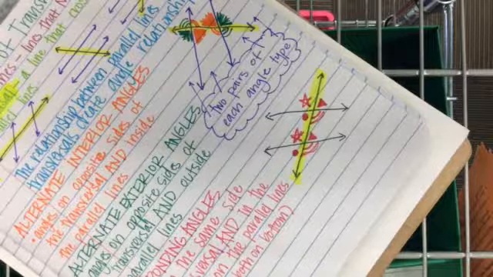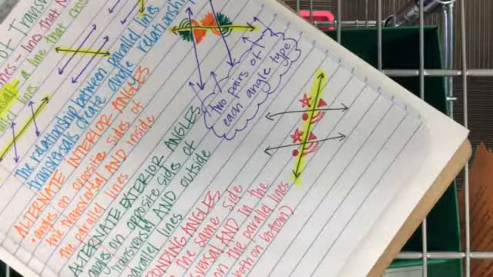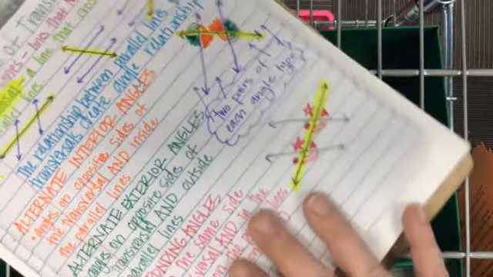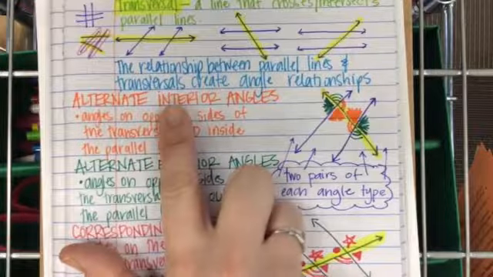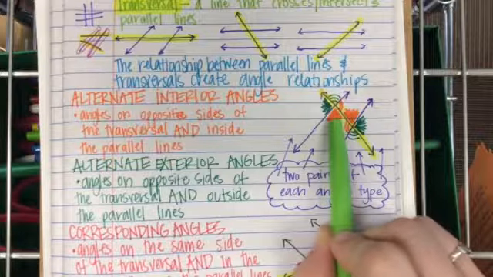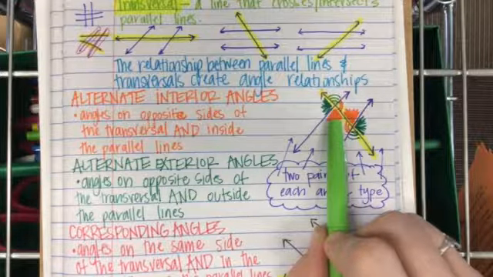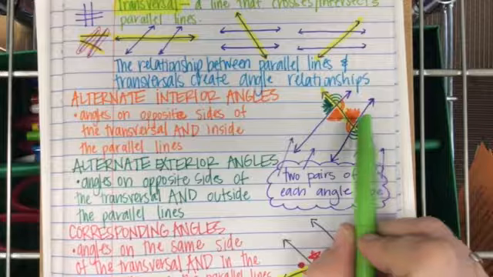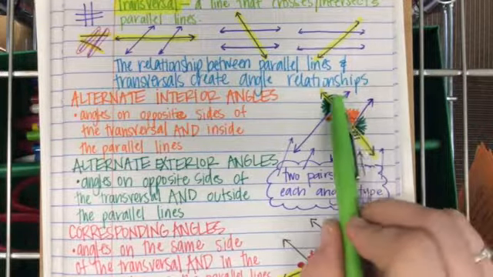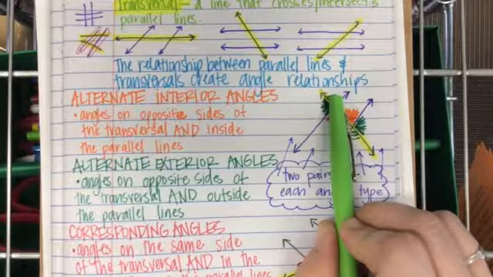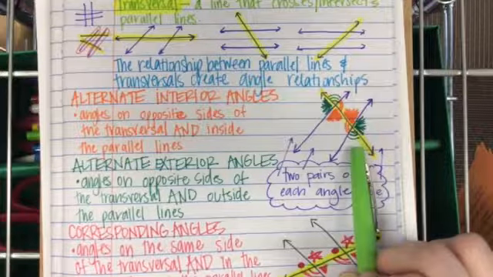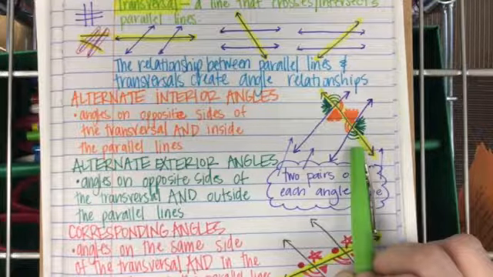All right, here's my last thing. Alternate exterior angles. If this guy right here, this orange pom-pom, is 88 degrees, what's this orange pom-pom? 88 degrees. If this green rainbow was 60 degrees, what's this green rainbow? 60 degrees.